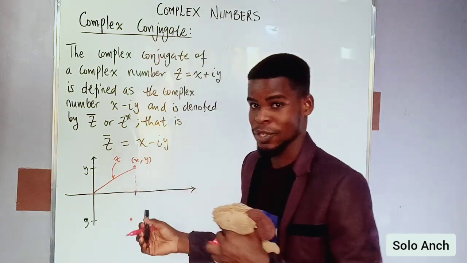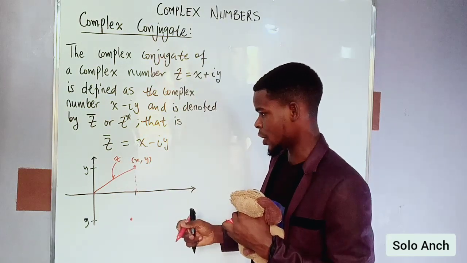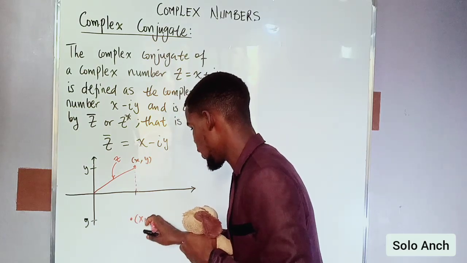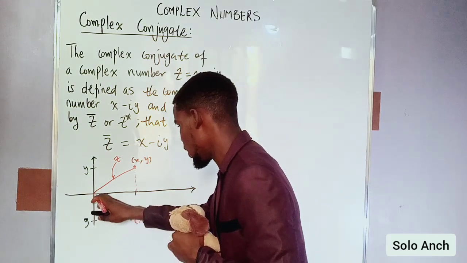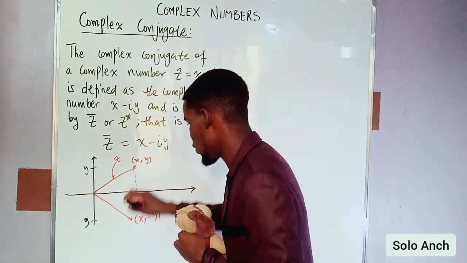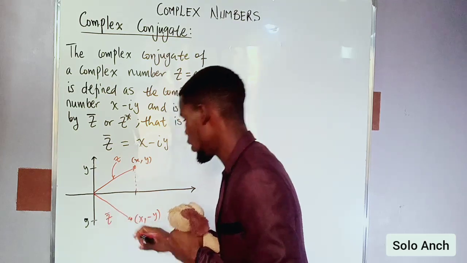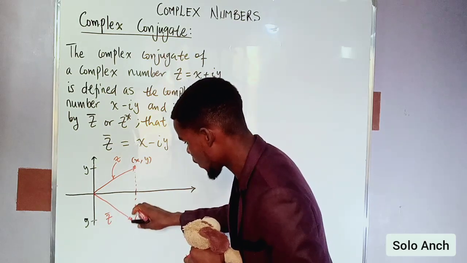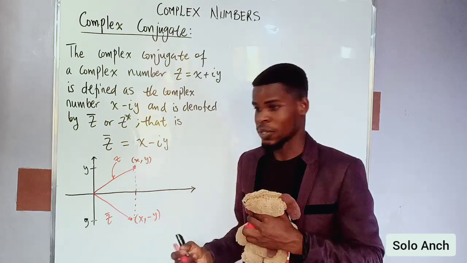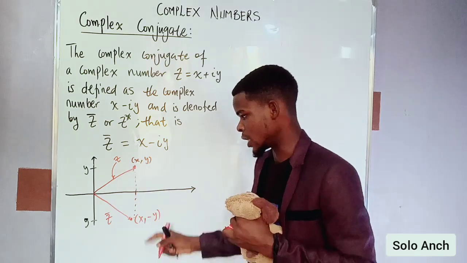In this case, I'm not talking about the modulus, so let's just take that to be the complex number z. And then this coordinate is going to be x and then negative y, which will now represent the conjugate of that z, which we call z with a bar at the top. Good. So this is a reflection about the real axis of this complex number x plus iy, and that is the conjugate of that.